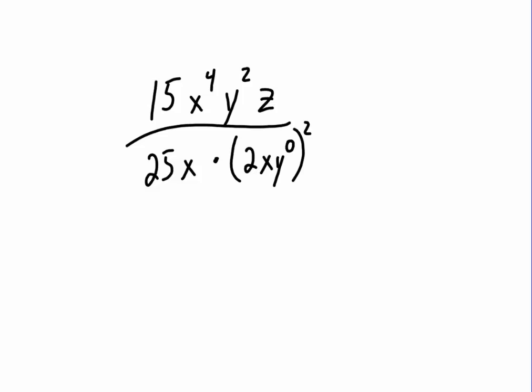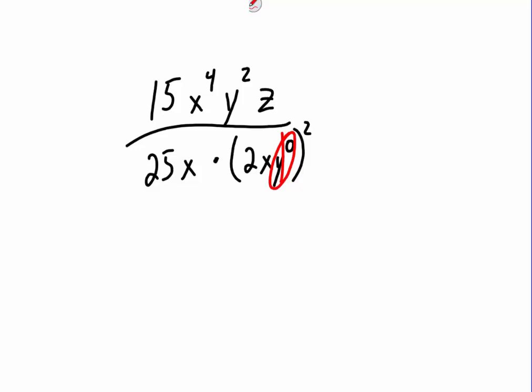But if we take it piece by piece and just clean it up using the rules that we have, this is not so bad. So the first thing I'm going to do is take a look at this y to the 0 power. Well, y to the 0 power is going to be just a 1. And 1 times anything just makes it go away. So this is the same as just 2x raised to the second power.